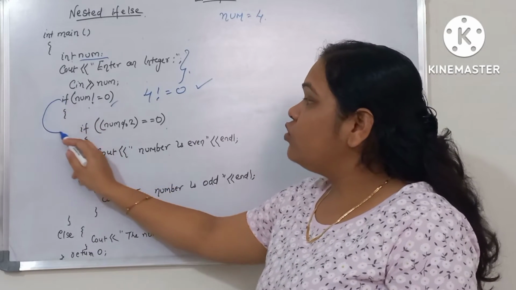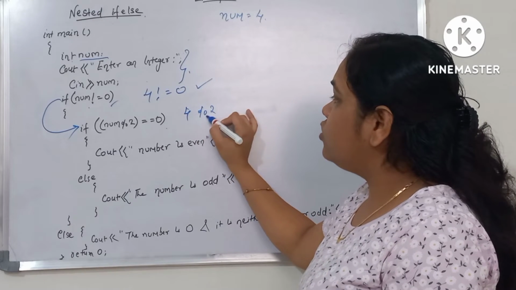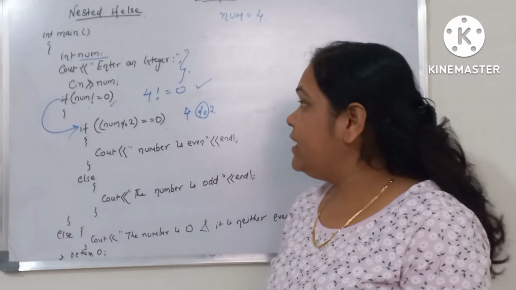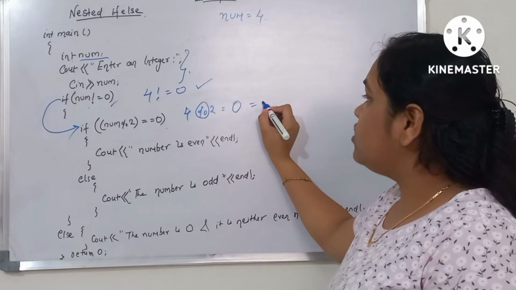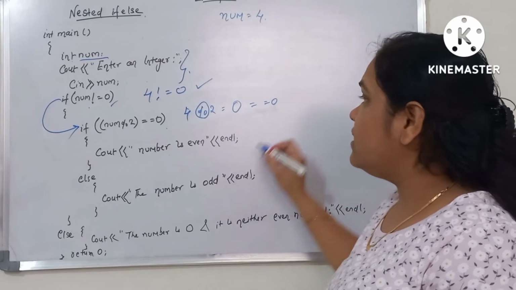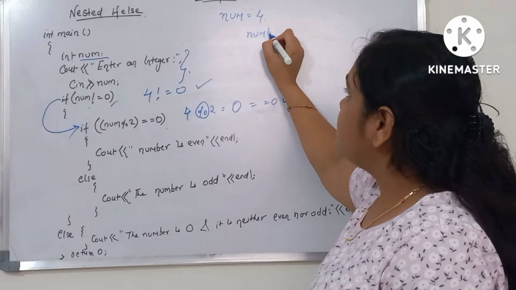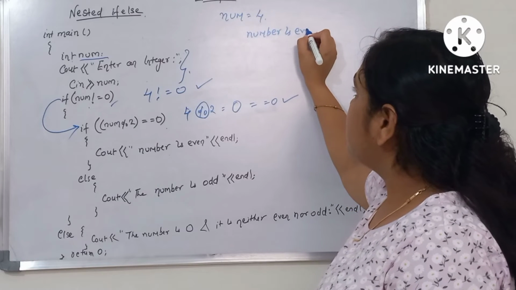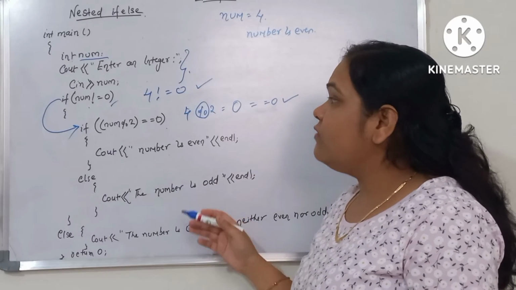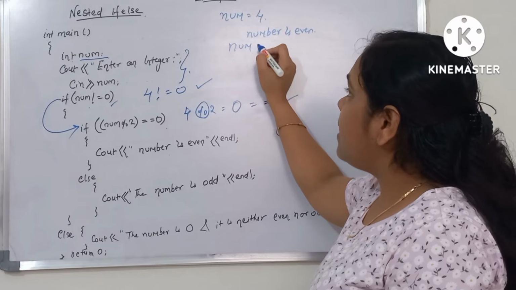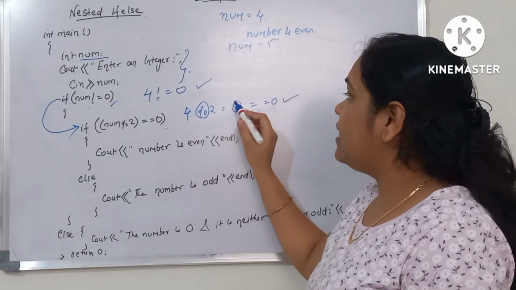Then we go to the second if. 4 mod 2. Here the mod operator gives the remainder. So 4 mod 2 gives 0. Is 0 equal to 0? This condition is also true. Then print number is even.